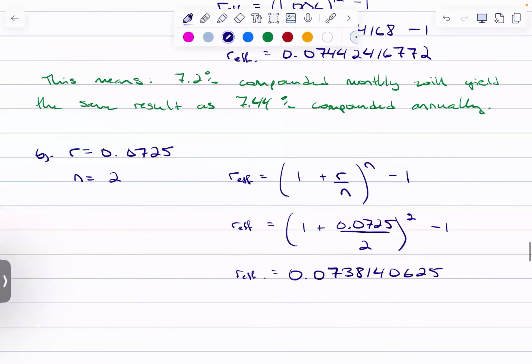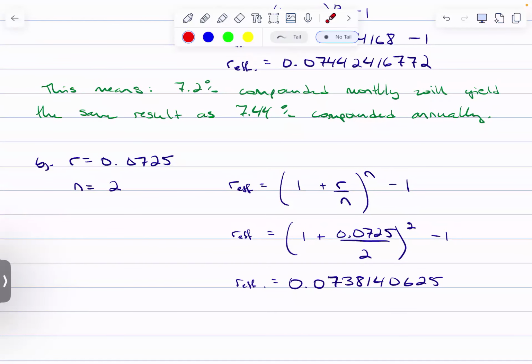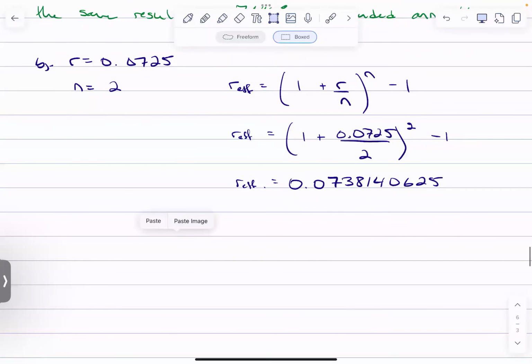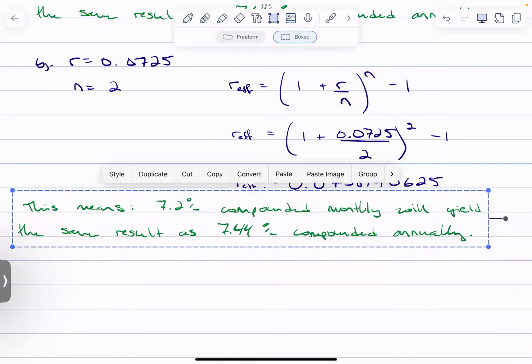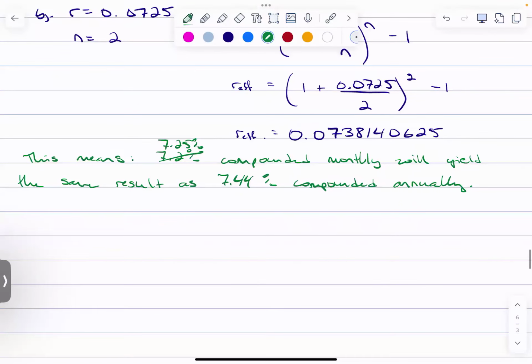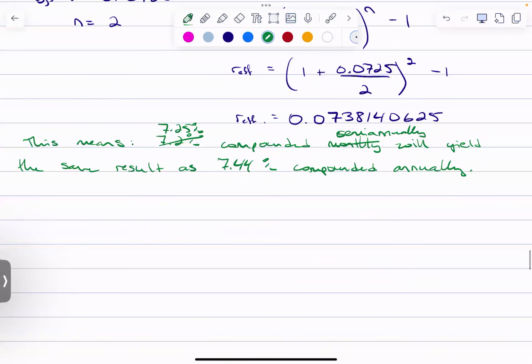So now, this means that, you copy this, 7.25% compounded semi-annually will yield the same results as 7.38% compounded annually.